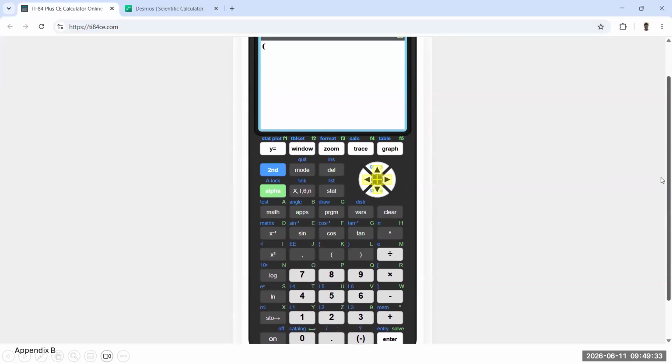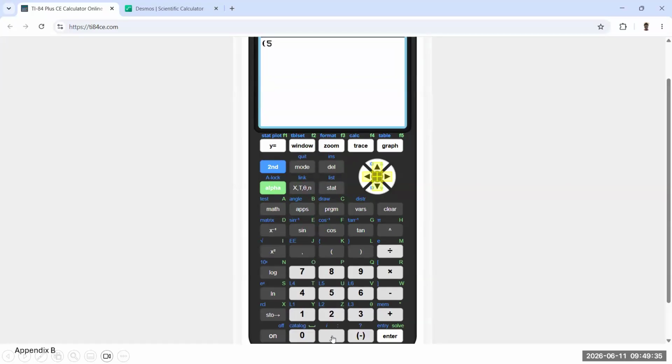Let's see here if I can see this. So 5.0 times, and you see this little 10 to the, I'm going to hit the second button, times 10 to the, and this here is the negative sign. Here's minus, here's negative. Negative 6. I'm going to use the arrow to go a little further and then do a close parentheses.